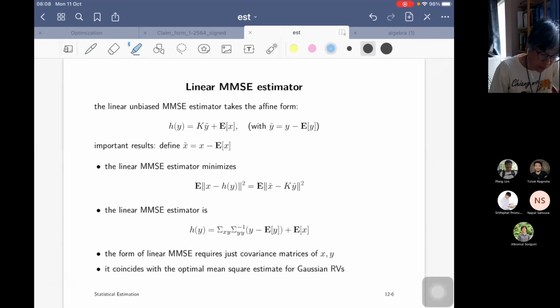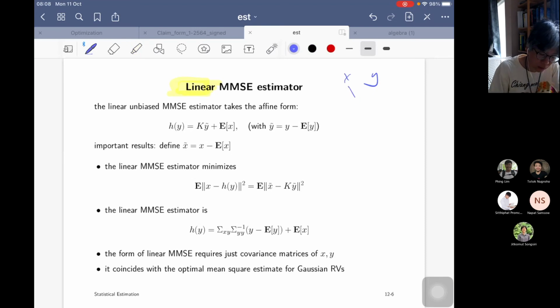Today, we focus on the same concept. We still look for an estimator that is best in the mean square sense, which means that when you compute the error, compute the square and then its mean, that should give the minimum mean square error. But in this video clip, we focus on the linear class of estimators. Again, the problem setting is still the same.